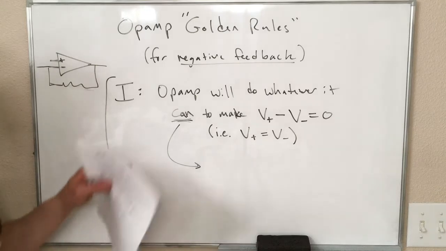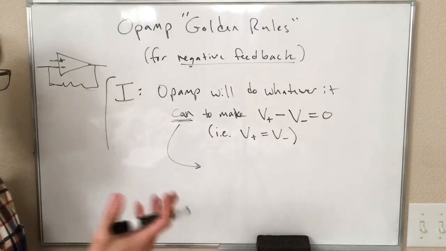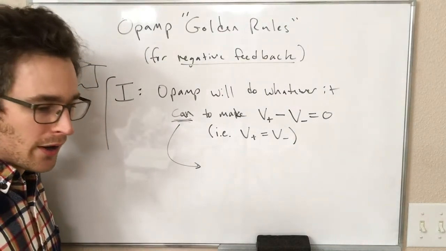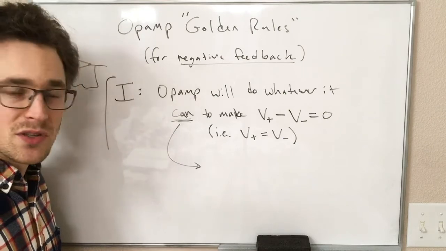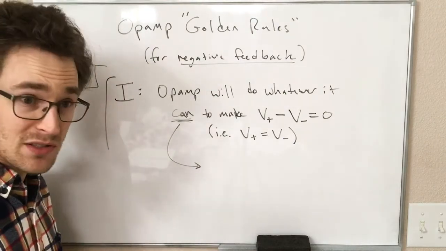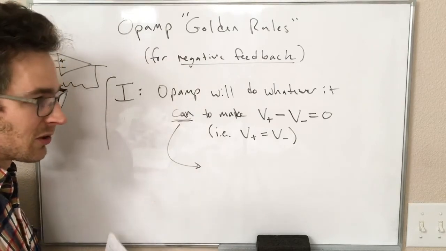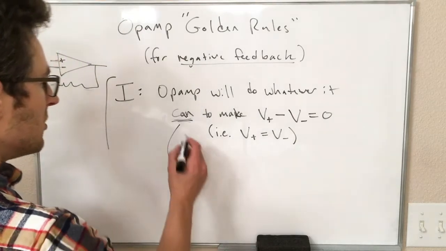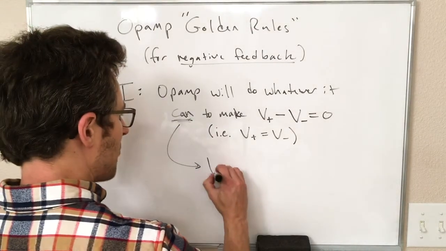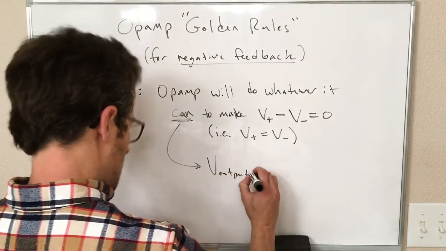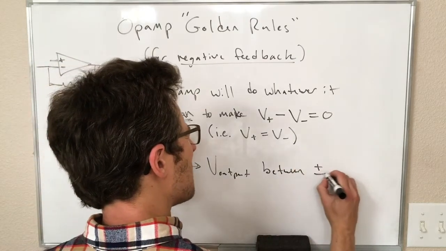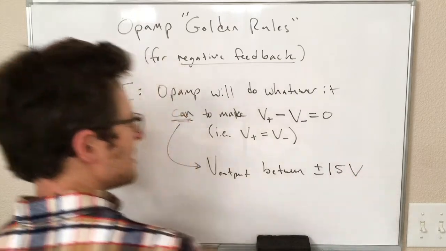So for our rules for what it can do here, we're going to use numbers for an op amp that we often use in lab, a 741 op amp. We're actually not using these in lab this semester because of our equipment changes. So what we're going to put as limits on our op amp are the output has to be between plus and minus 15 volts.